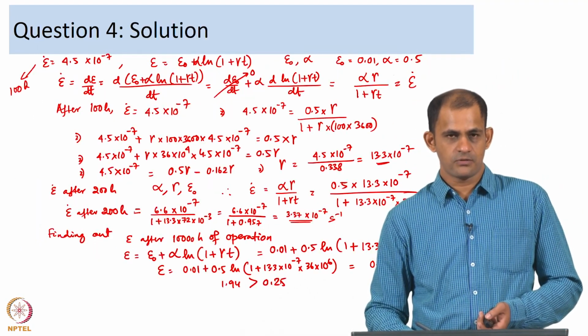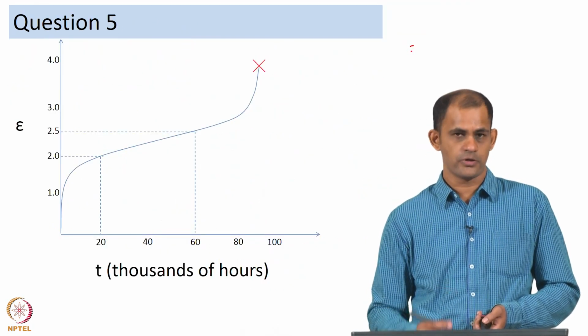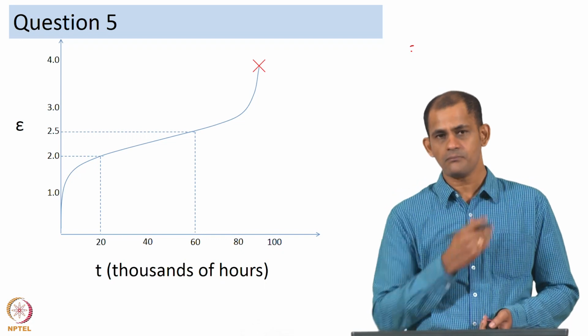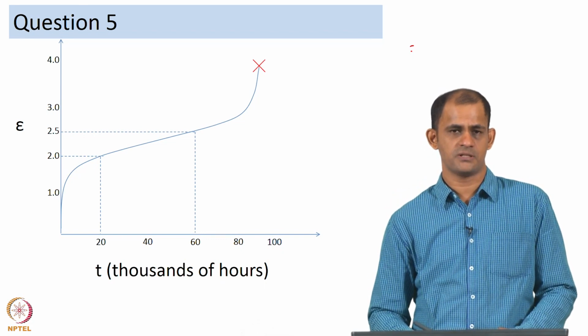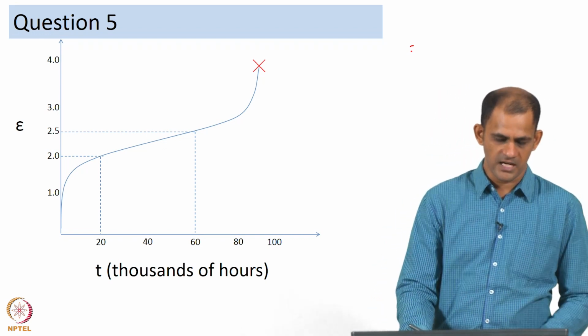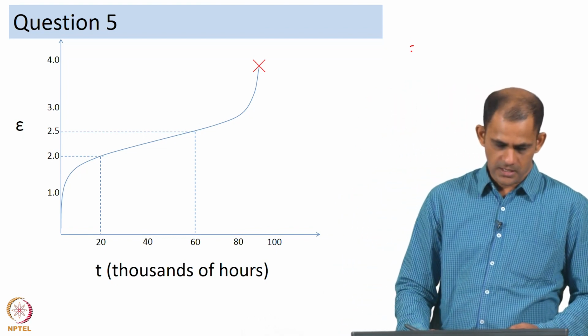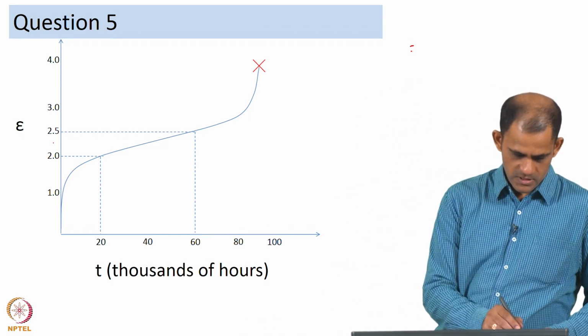Now let us look at another question which is also similar, in the sense that you are trying to find out the amount of plastic deformation that the material is going to experience, and here you are going to use a creep curve. So, here is how the creep curve looks like, and I have given you some numbers.